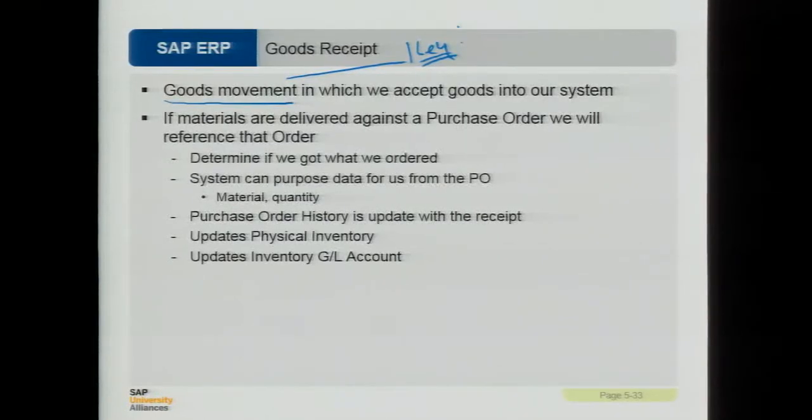While actually executing the GR, the goods receipt, we determine if we got what we ordered. So it has to map with the purchase order automatically, right? GR is usually referenced to a purchase order, so the system can automatically propose the data from the purchase order. We don't need to enter any data in GR except a couple of things: how much quantity we have received, if it is different from the purchase order quantity.